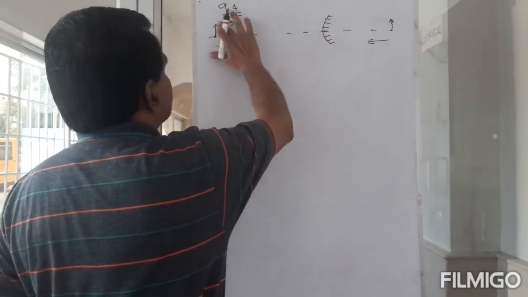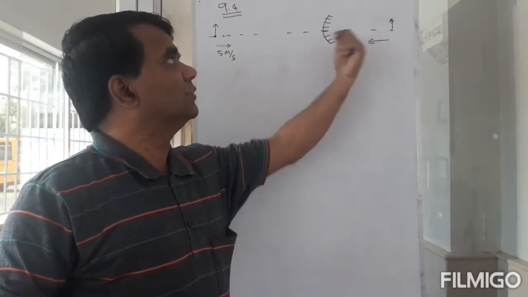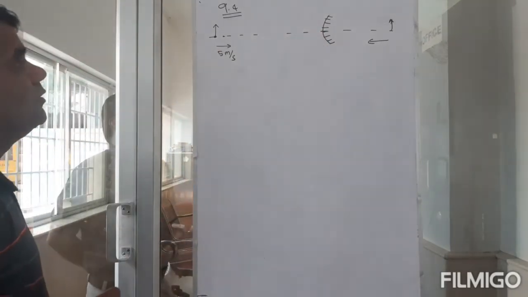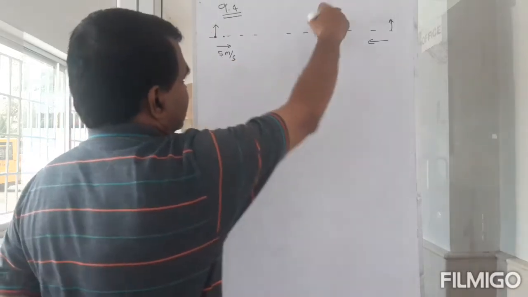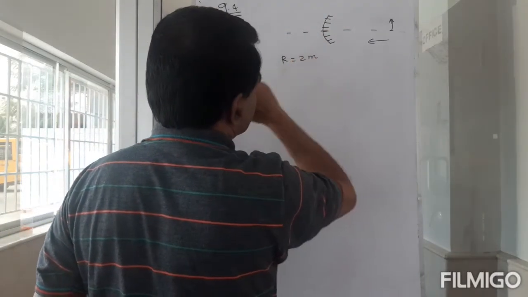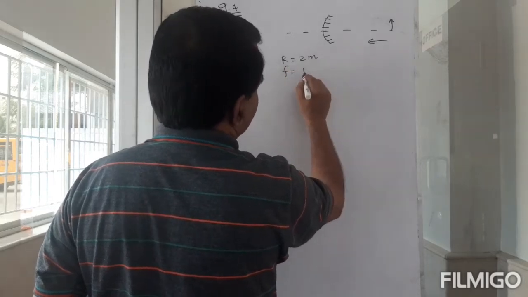Suppose you are here, looking in this mirror. So what is given? The radius of this mirror is 2 meters, which means the focal length is 1 meter.